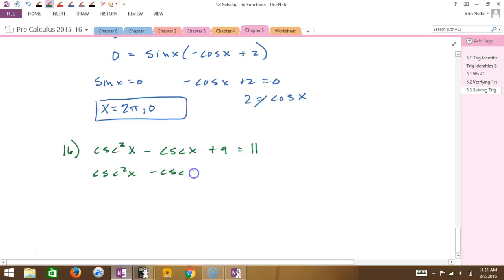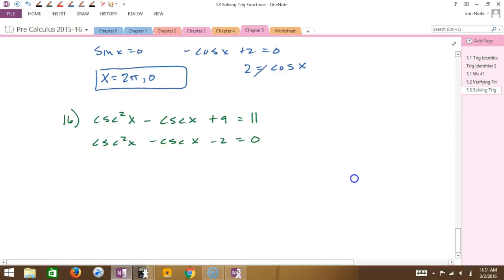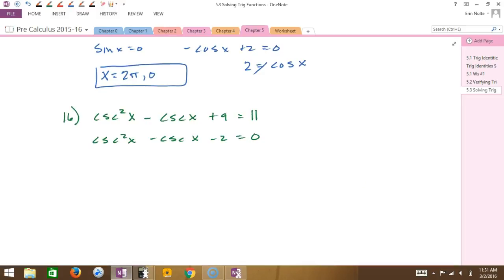Subtract 11. So that gives me, what, negative 2? Double check my math there, because I'm not good at subtracting today. Then I can factor: what two numbers multiply to negative 2 and add to negative 1? Negative 2 and positive 1, because I have a quadratic, technically, of something that is squared.